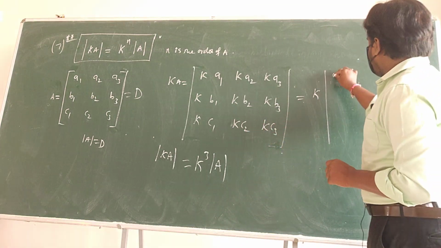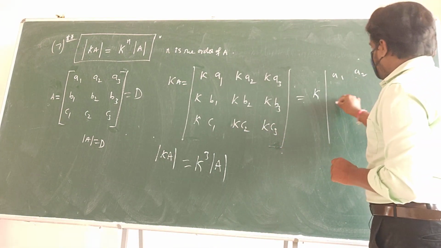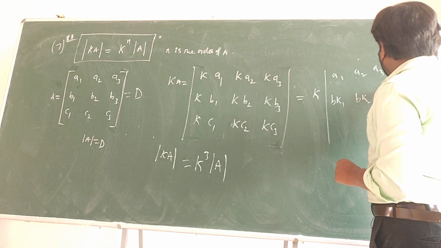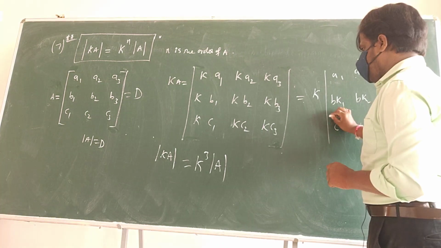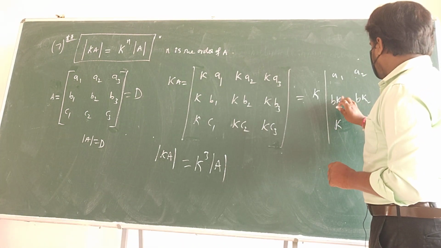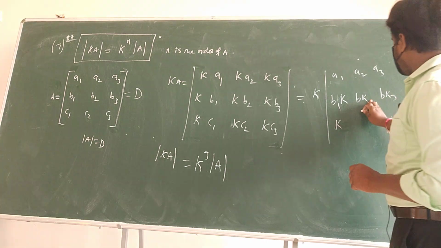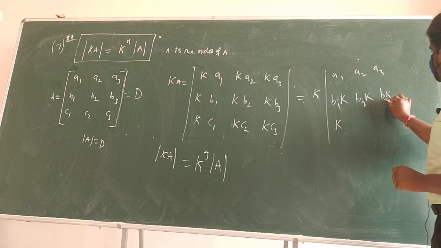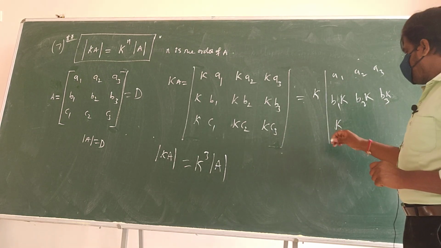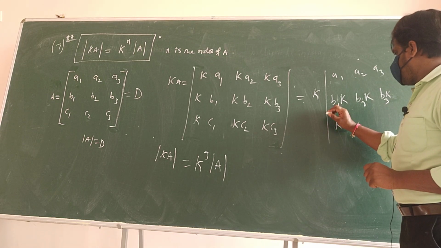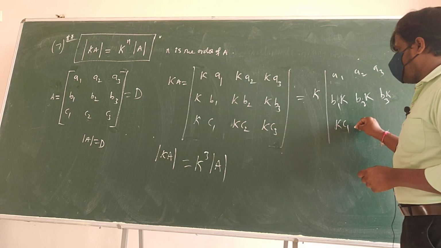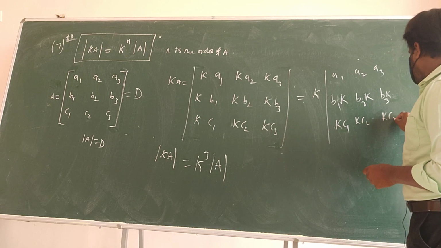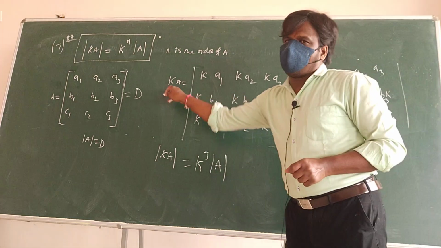Then I get A1, A2, A3, KB1, KB2, KB3, KC1, KC2, KC3. What I did is just take K out of one row.